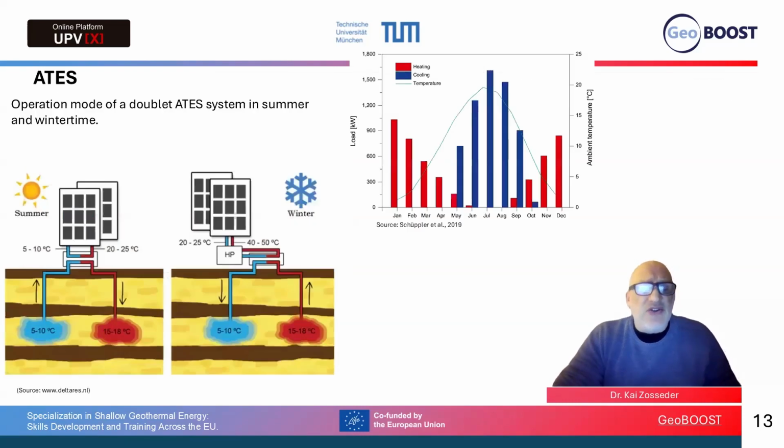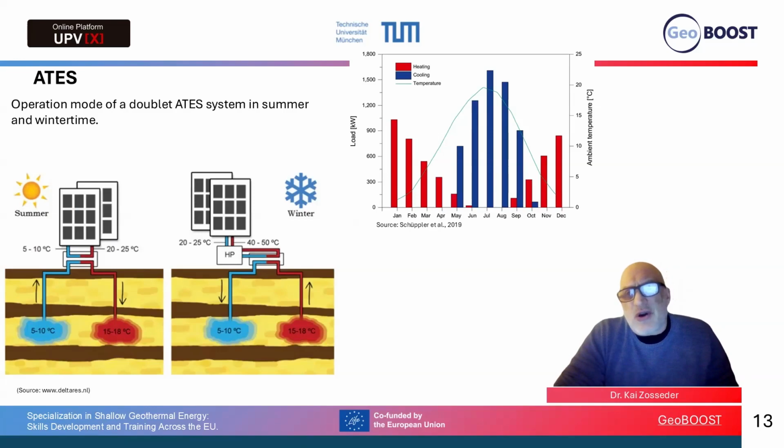And at the end, you can also use a so-called ATES system, so the groundwater body or the aquifer, for storage. You can store some waste energy, or what you have left over, in the underground, for example in summertime, and then get it back in wintertime, so that you can use the ATES system as a storage.